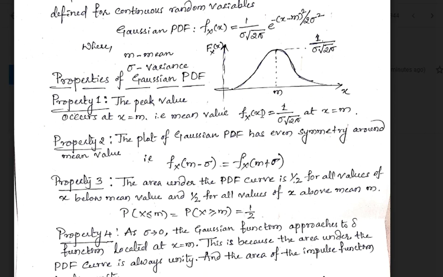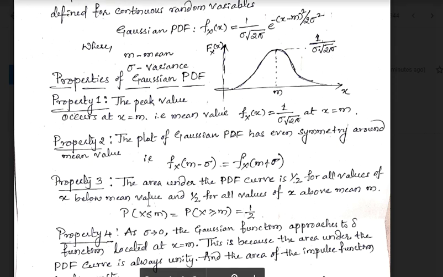So we can consider del as the variance, it could be anything. f_X(m minus del) means if we move some value del on the left and the same value on the right, then we will have the same amplitudes.